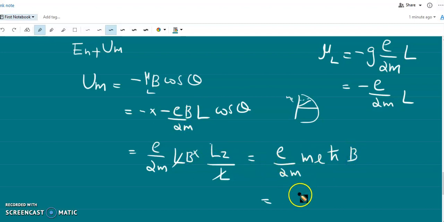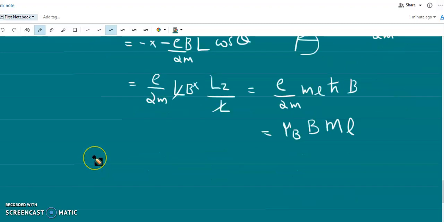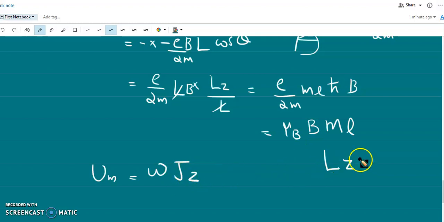So e h cross by 2m is mu B, the Bohr magneton, mu B into ml. ഇത് നമ്മൾ ഓൾറെഡി ഡിറൈവ് ചെയ്തത് തന്നെയാണ്. വേറൊരു രീതിയിലും ഈ മാഗ്നറ്റിക് ഇൻട്രാക്ഷൻ എനർജി കണ്ടുപിടിക്കാൻ നമ്മൾ ഓൾറെഡി പറഞ്ഞിട്ടുണ്ട്. മാഗ്നറ്റിക് ഇൻട്രാക്ഷൻ എനർജി is omega times Jz, where Jz is the z component of the total angular momentum. അപ്പോൾ ഈ സിംഗ്ലെറ്റ്സിൻ്റെ കേസിൽ Jzന് പകരം അത് Lz ആയിരിക്കും, കാരണം J എന്ന് പറയുന്നത് L alone ആയിരിക്കും, since S is equal to 0. So the energy is equal to omega Lz.